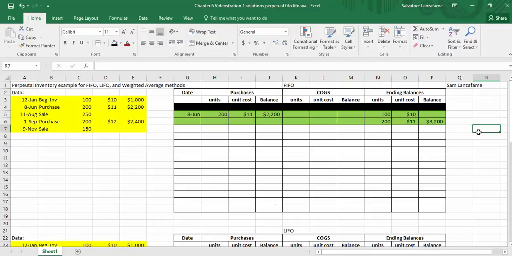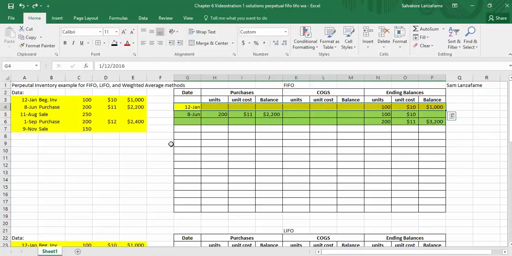I need to be able to see on June 8th exactly what's in inventory. I don't want to have to rely on going back to previous months or previous dates to know exactly what's in there. So on June 8th, this is the snapshot of what my inventory consists of. So you want to remember to always bring your information down.